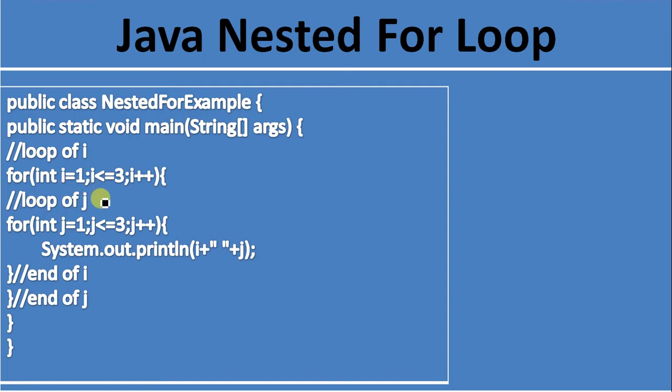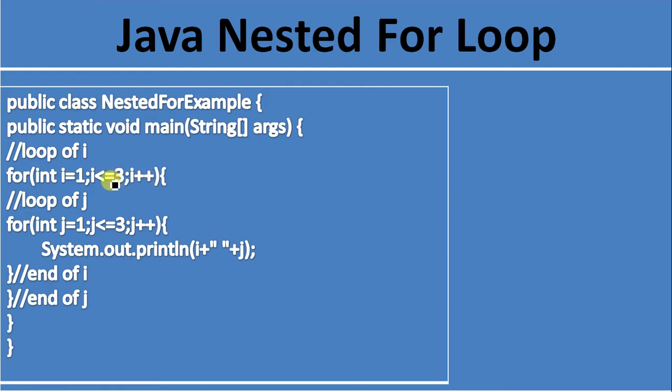The outer loop will execute one time for one condition, I equal to 1. Then control comes to the inner loop. For the outer loop, for one condition, the inner loop will execute completely. So for I equal to 1, the inner loop will execute 3 times. When the inner loop completes, control goes to the outer loop, increases the value of I and checks the condition.